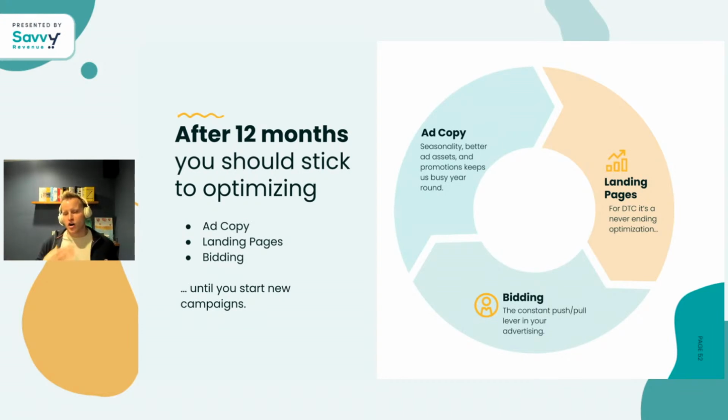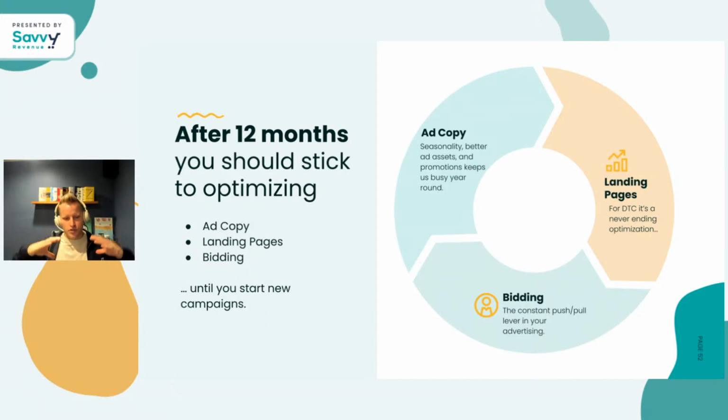And then bidding is that constant push-pull lever. Release target ROAS a little bit, meaning that you are lowering the ROAS target for a little bit when you want to bring in more traffic, when you want to see if some of the things that used to not convert do now. Smart bidding, like we talked about today, lowers bids on specific devices, on specific search terms that don't perform.